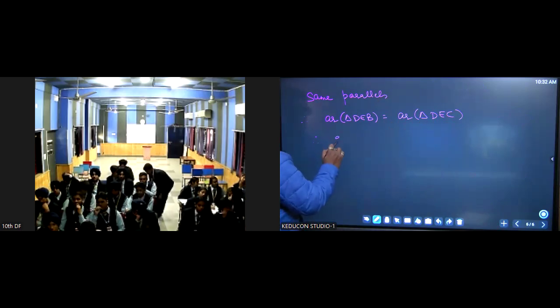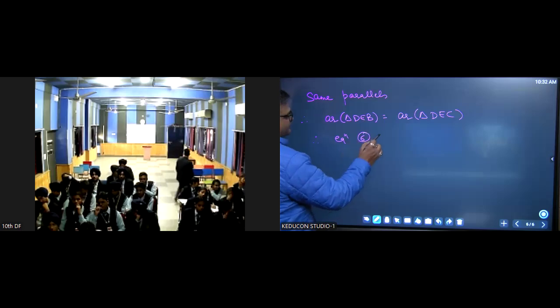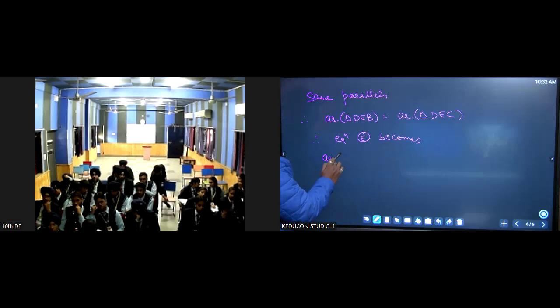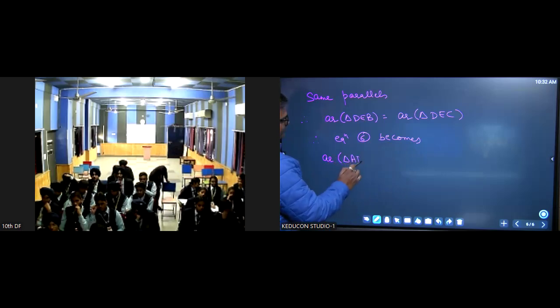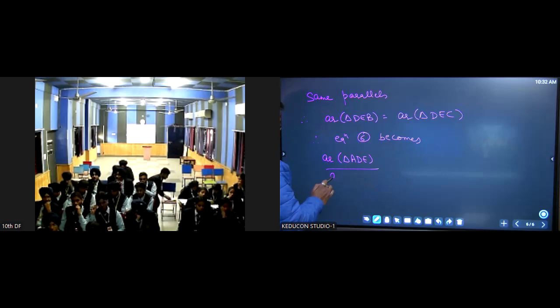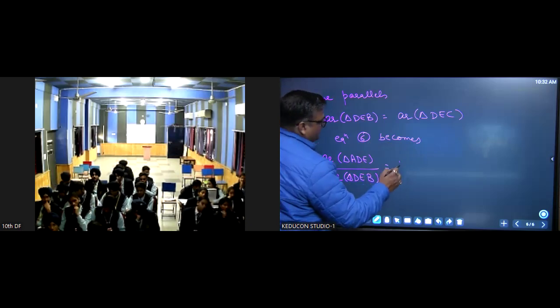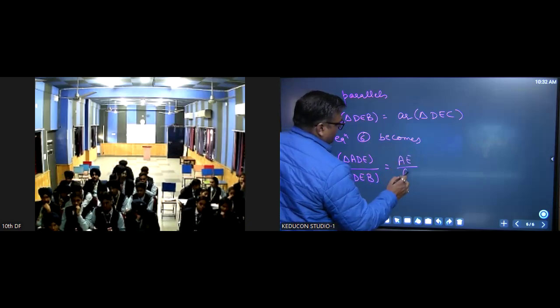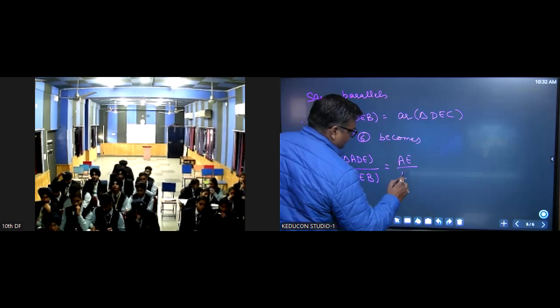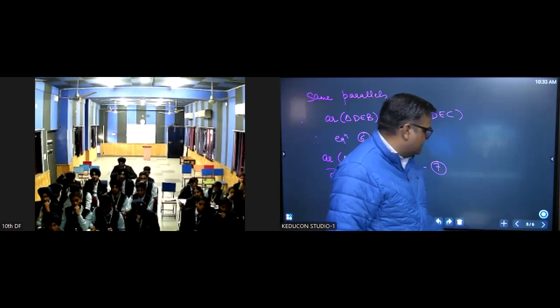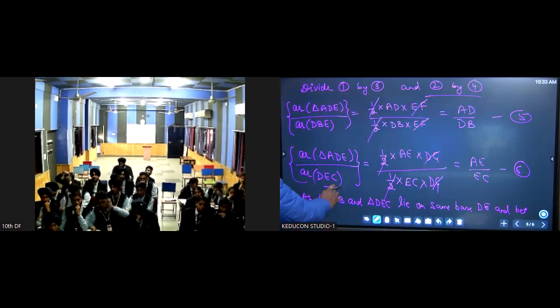our equation 6 will become: area of triangle ADE divided by area of triangle DEC equal to AE upon EC. Right? Is this clear? So this theorem DEC के place पे बच्चों हमने क्या कर दिया? DEB लगा दिया.